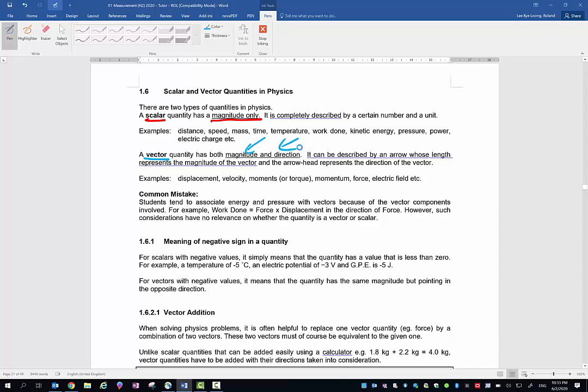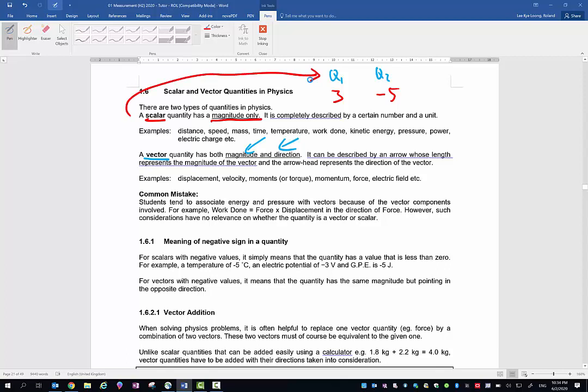So what does it mean? Let's say I have quantities Q1 and Q2. Let's say Q1 is 3 and Q2 is minus 5. What does it mean if we're talking about scalars?